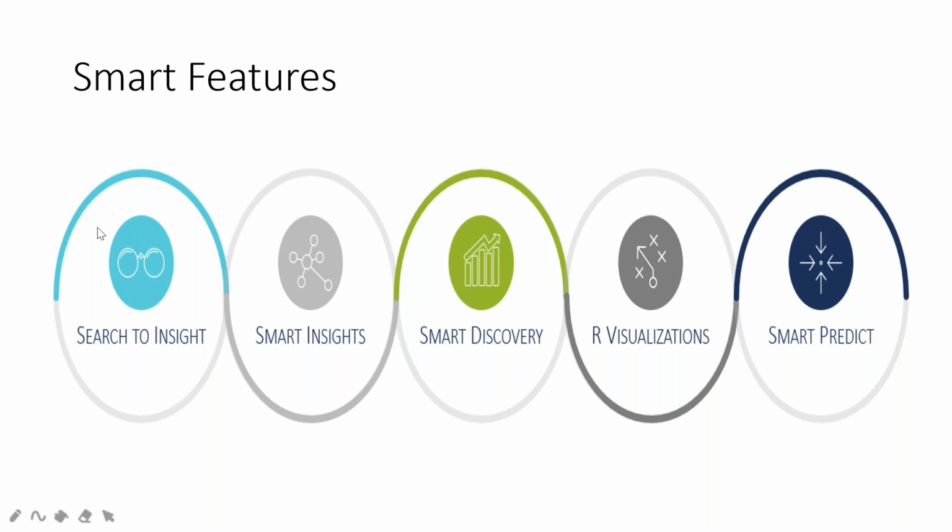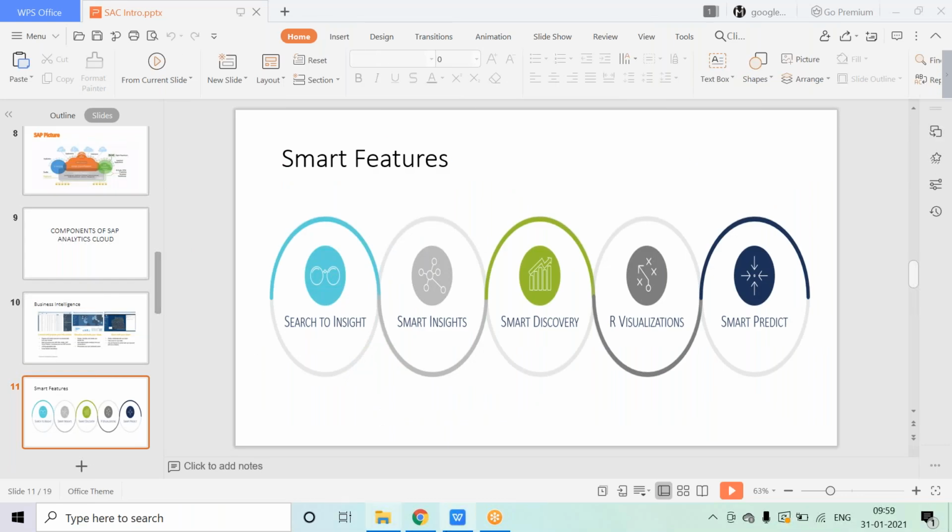In case of search to insight, the user can ask a question in English, and he will get the answer in the form of a visualization, in the form of a widget or a chart. Let me walk you through it.